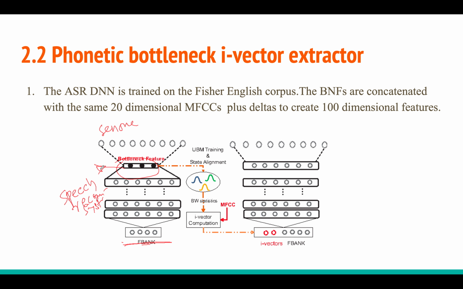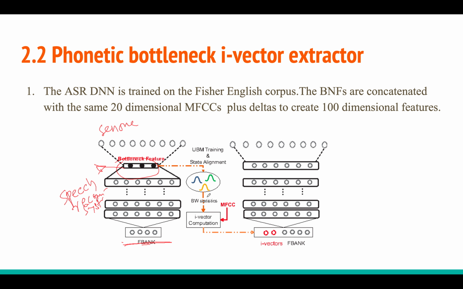This bottleneck feature is taken and used along with the MFCC to compute the iVector. That's the idea. You take the bottleneck feature, then you use it with MFCC, and then you compute the iVector the same way, right?